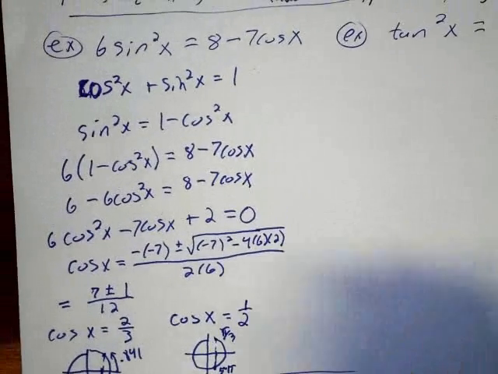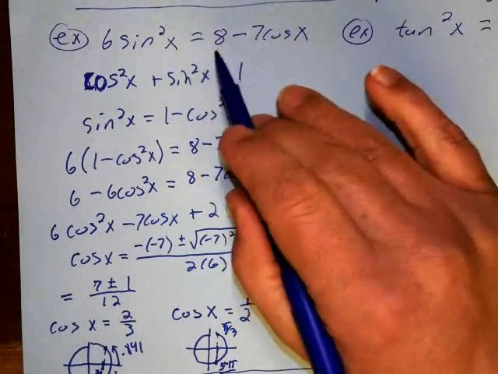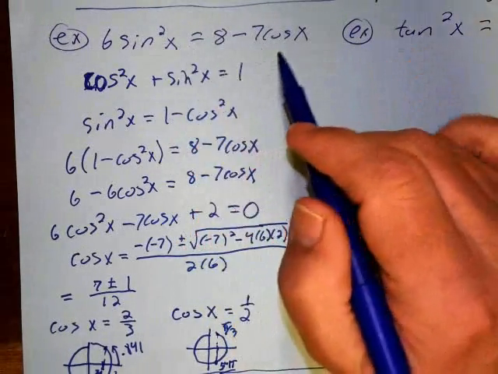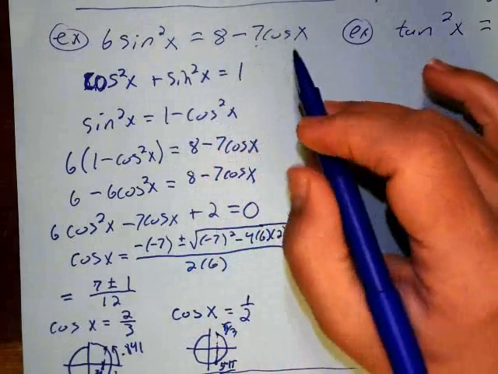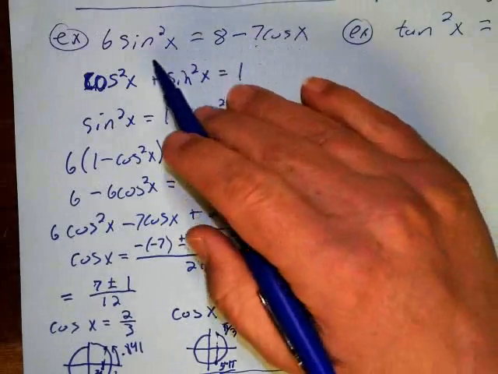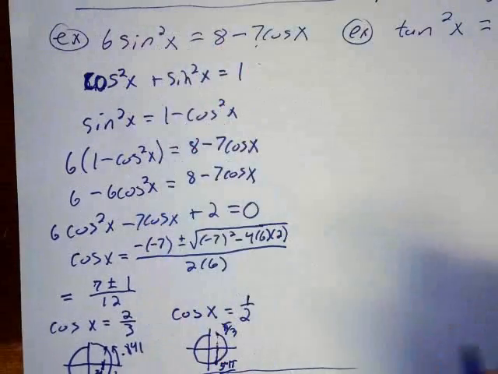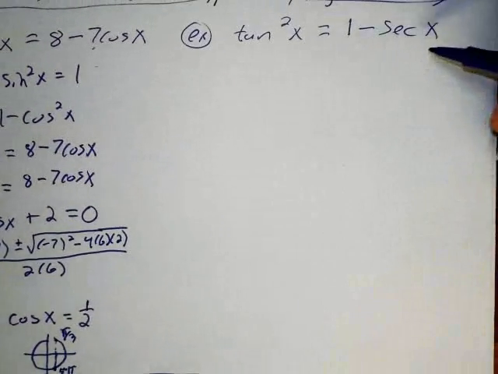So what you're doing is, if you have something that involves two functions that go together in the Pythagorean identity, and one's squared and one is linear, you're going to change everything to whatever that linear one is by using the Pythagorean identity. Okay? So we're going to be able to do the same thing for this one.